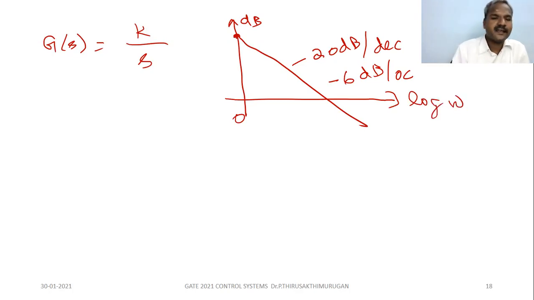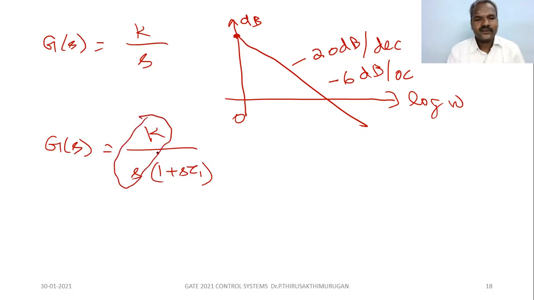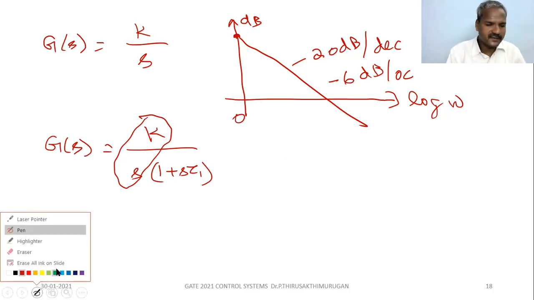Okay. So another factor is G of s equal to K by s into 1 plus s tau 1. For this, there are two factors you can easily tell. So K by s contributes initially minus 20 dB per decade. So let us see how it varies.